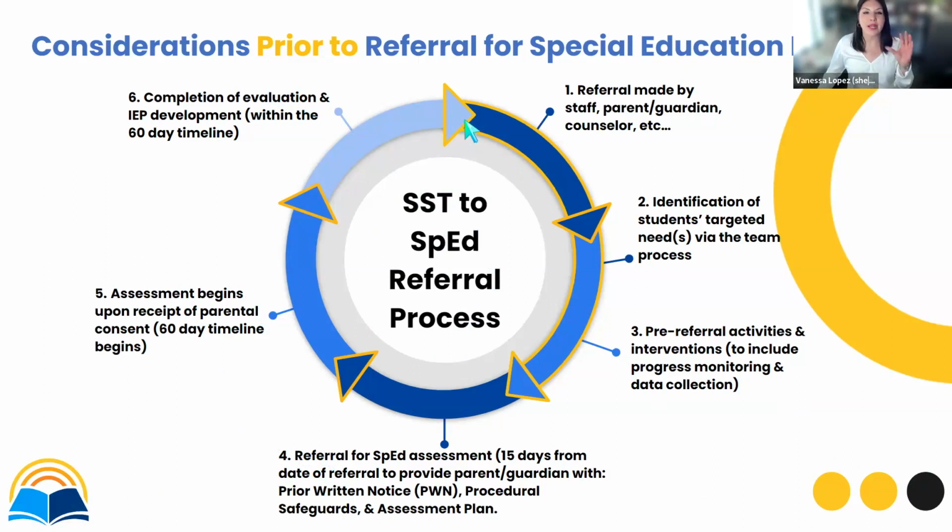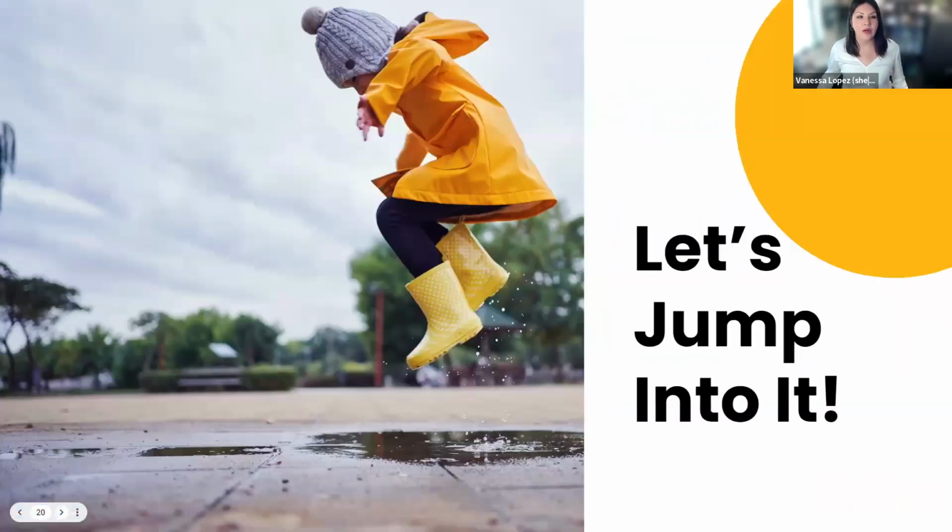This is just pointing out the process that we typically engage in when we are looking at the pre-referral to SPED referral process. It's not that we need to follow steps 1, 2, 3, 4, 5, and 6 to get our students to special education, but more of a process to consider and think about as we move along.